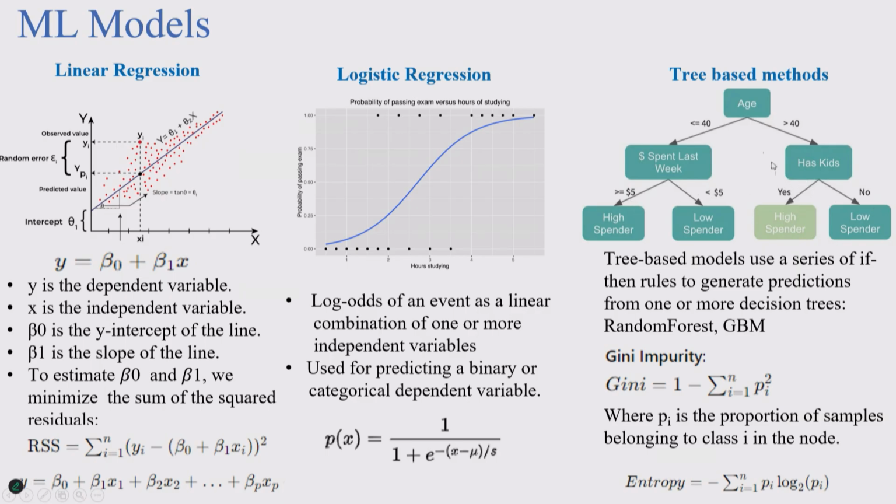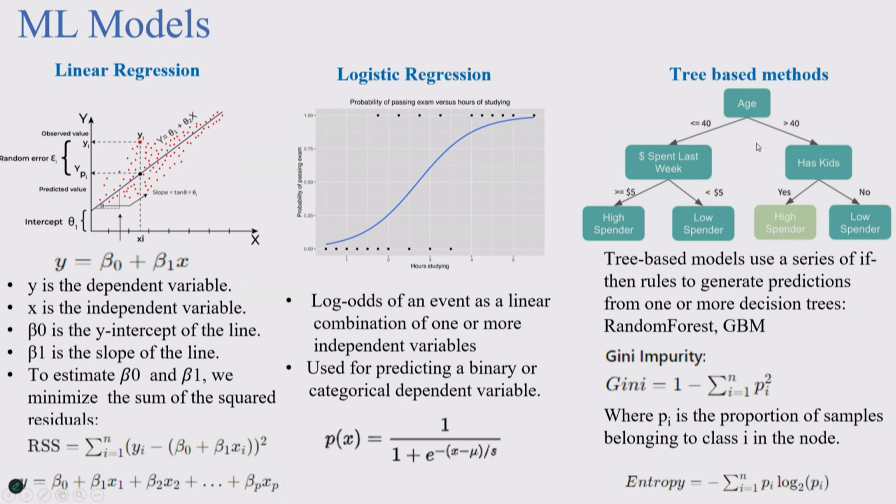If you have kids and you are a low spender, then this is this category and so on. So you can classify, and based on this there's something called the Gini impurity function. You can convert this category behavior into Gini impurity and train the model to predict what the value will be if I give it new data.